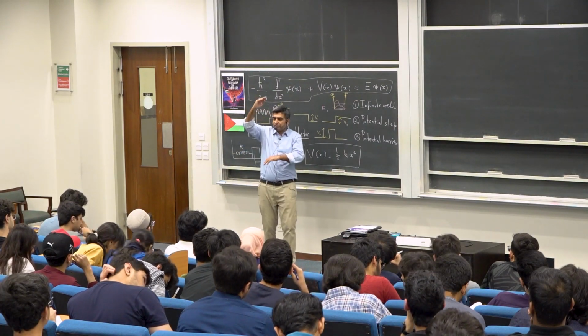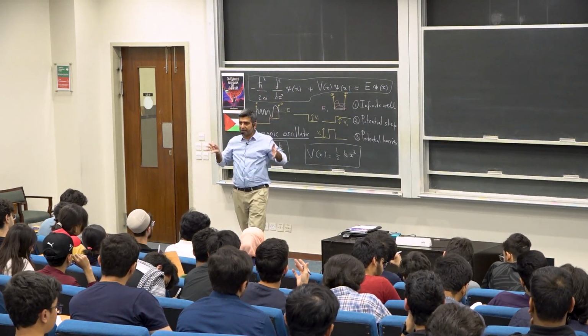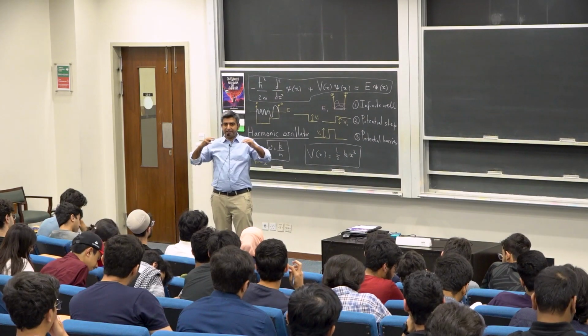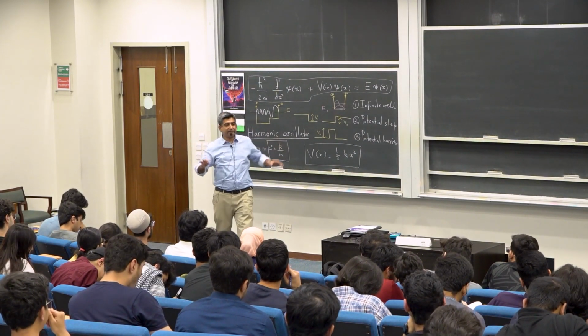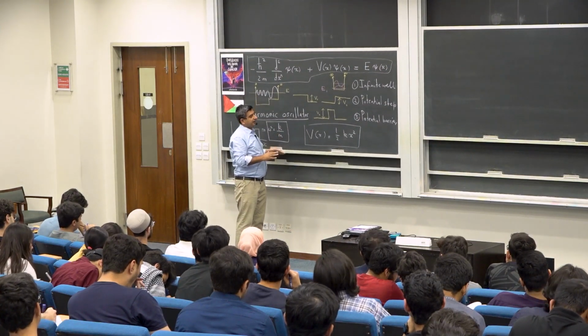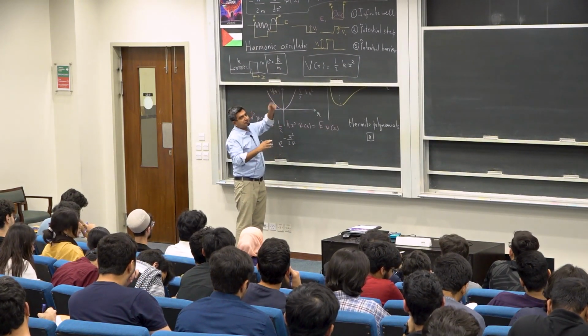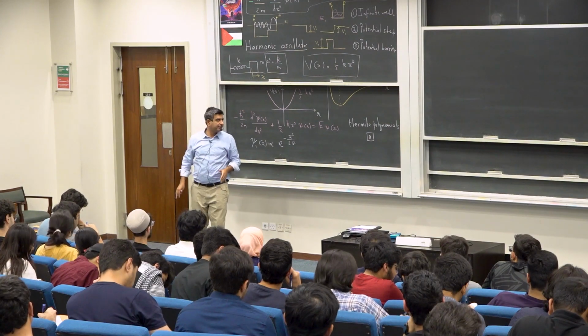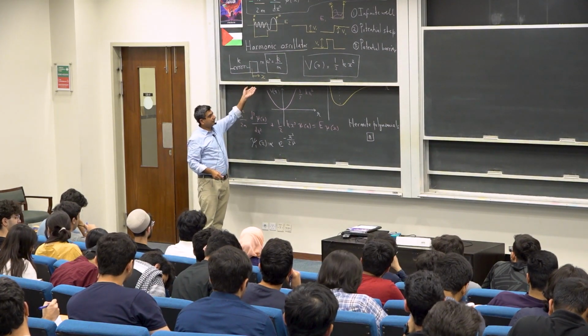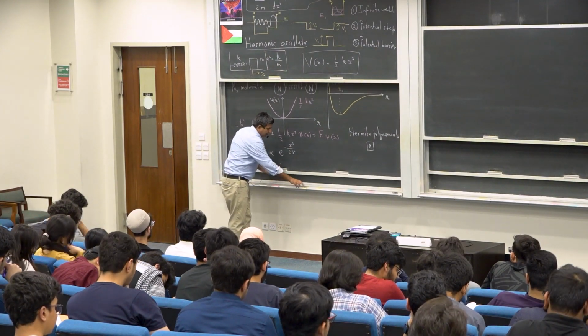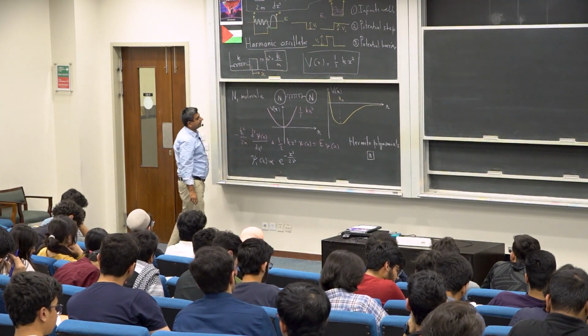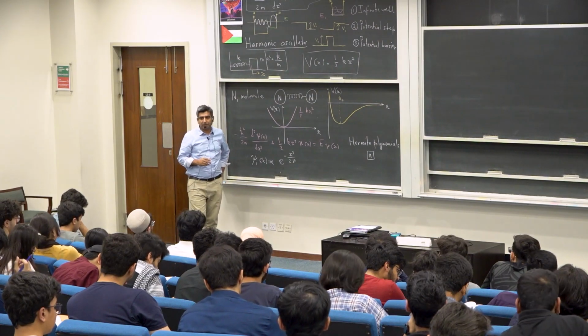So the energy is quantized, and with each level you get a new wave function, and these wave functions are identified by a quantum number n. Exactly the same thing happens here. It's just that the wave functions are not sine waves. They look like sine waves, but they're not. And the nice thing is that the energy gets quantized as well.